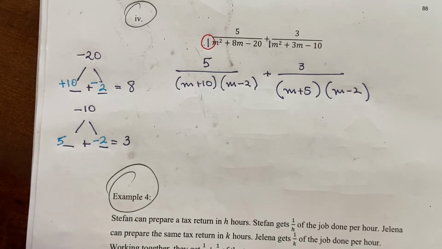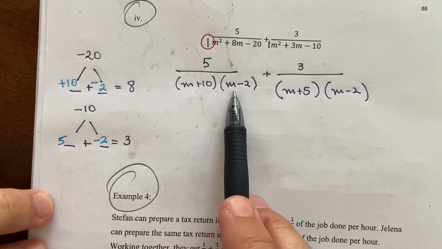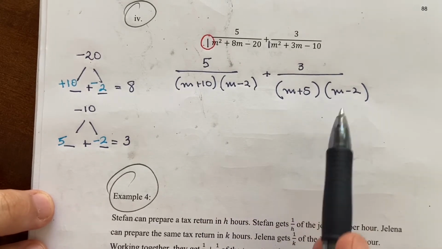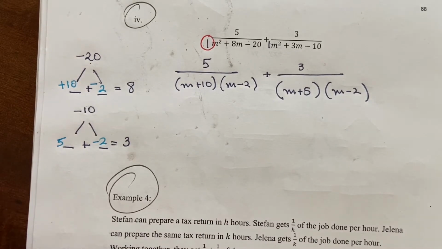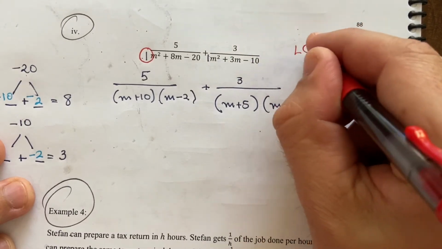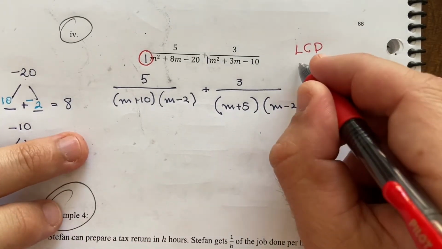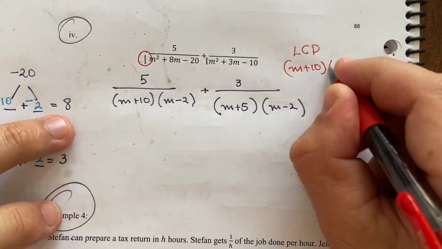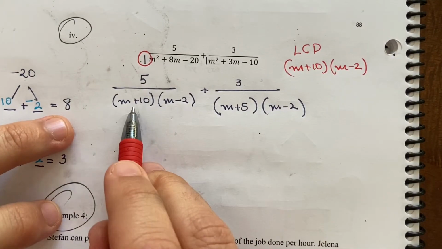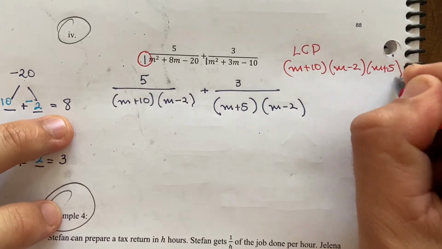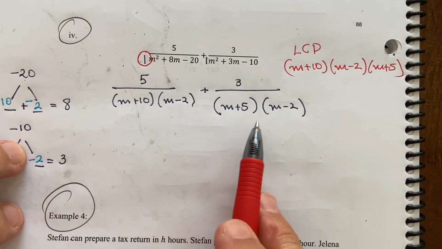So now we can see what we have. We have m plus 10, m minus 2 in the denominator over here. We have m plus 5, m minus 2 over here. So the least common multiple, in other words, the denominator I want to build up to, the least common denominator, will be m plus 10 times m minus 2 times m plus 5. Okay.